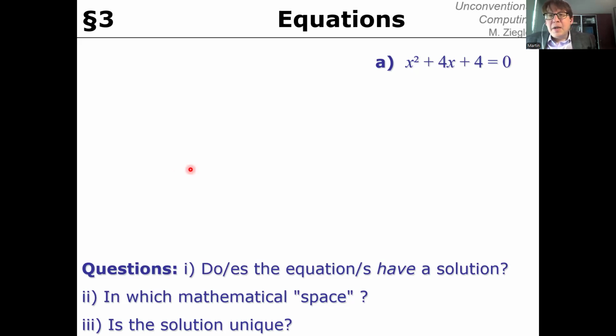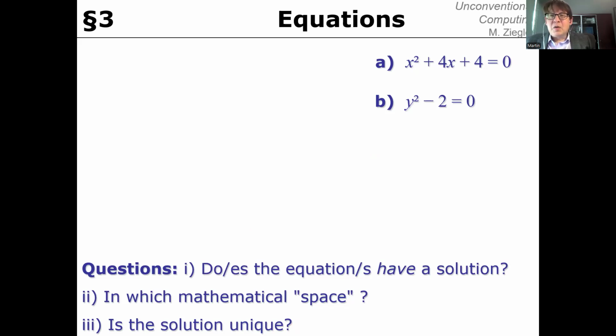Let's apply these three questions to a slightly more complicated equation, namely the equation y squared - 2 equals 0. Does this equation have a solution? What do you think? These are simple questions, right? Yes, it has a solution, and the solution is the square root of 2.